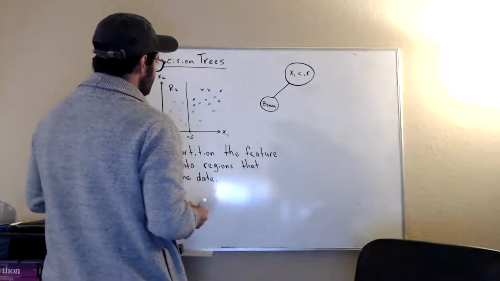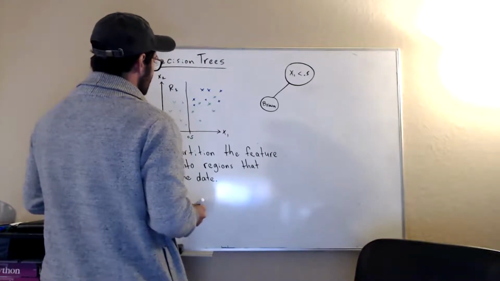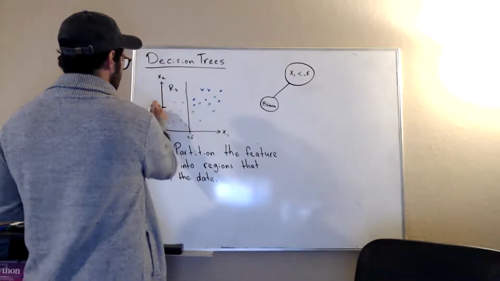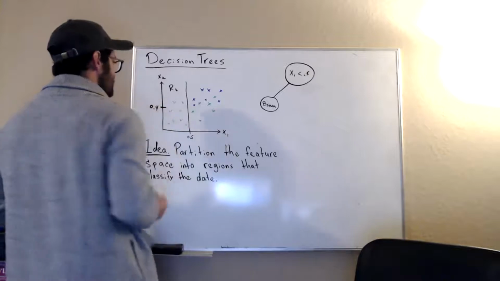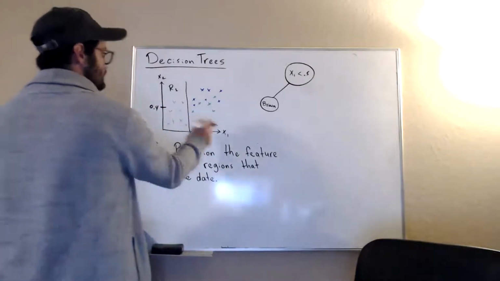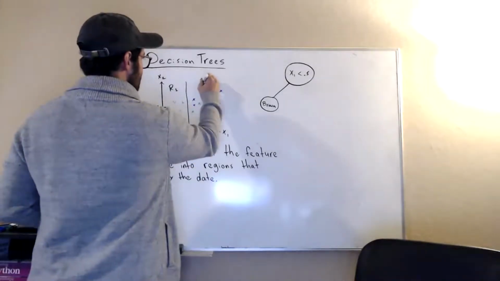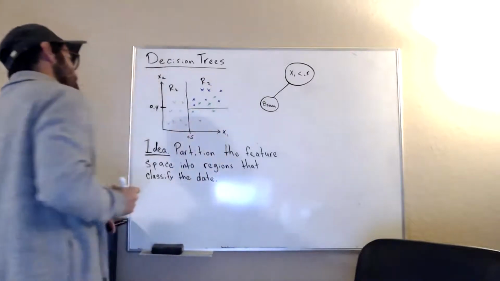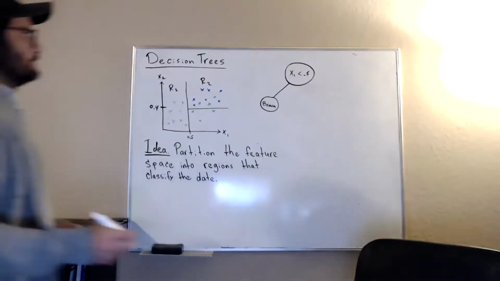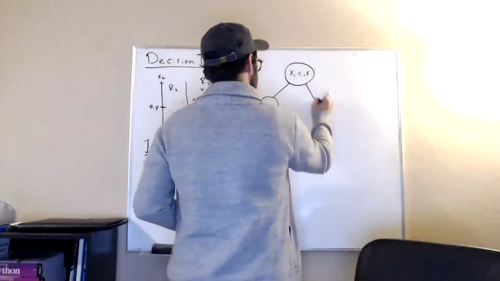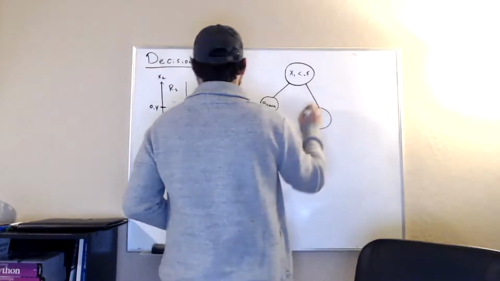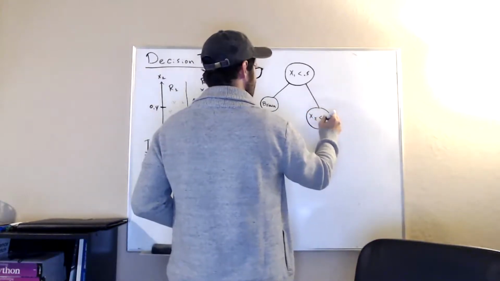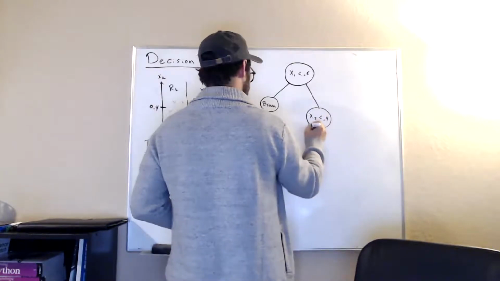But then maybe we can say that if this is like 0.4 here for region 2, if we split that region here, so this would be if x2 is less than 0.4.